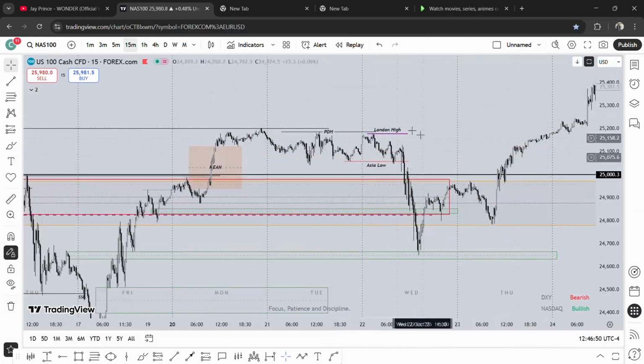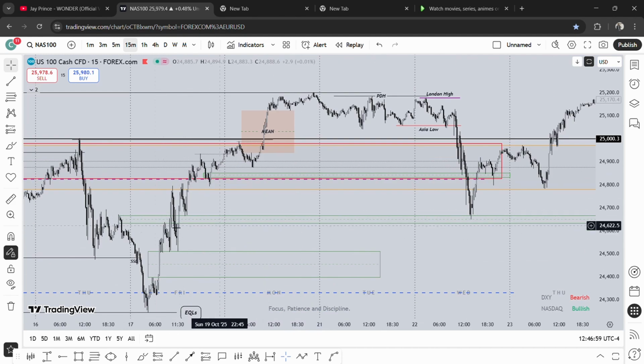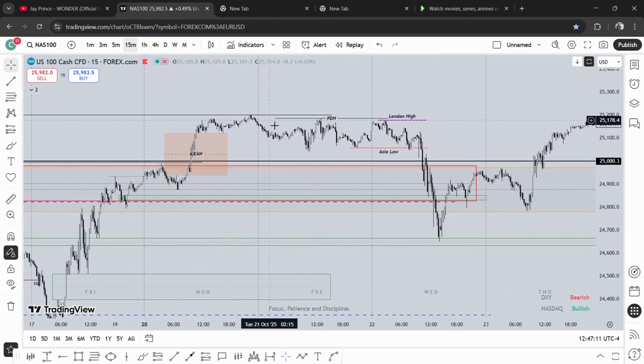On the 15-minute time frame, I tend to look for short-term sell side liquidity, short-term buy side liquidity, some fair value gaps, premium fair value gaps, and discount fair value gaps. Discount if they're below the 61% level, and premium if they're above the 61% level.